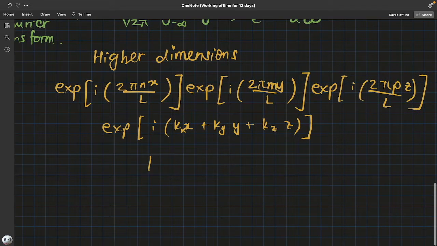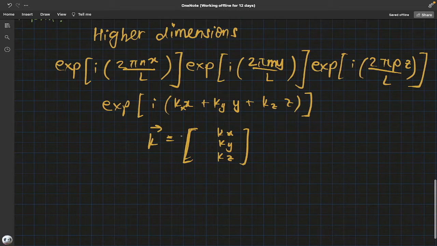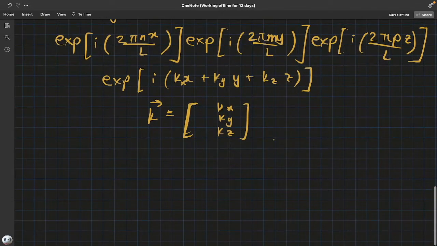And because we're defining a vector k to have components kx, ky, kz, this is the wave vector, which points in the direction of propagation of the wave.